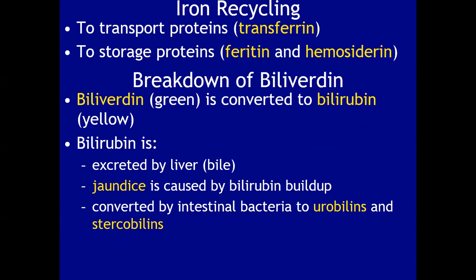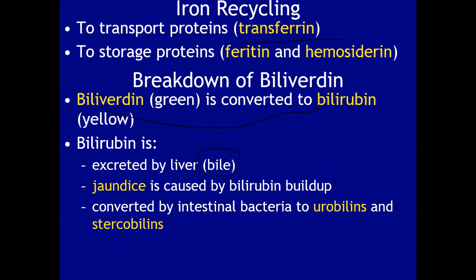That iron is going to be recycled. We're going to send it through that transferrin molecule, which is a globulin fraction of one of our plasma proteins. The biliverdin is converted to bilirubin. Green goes to yellow, and then bilirubin can make bile.